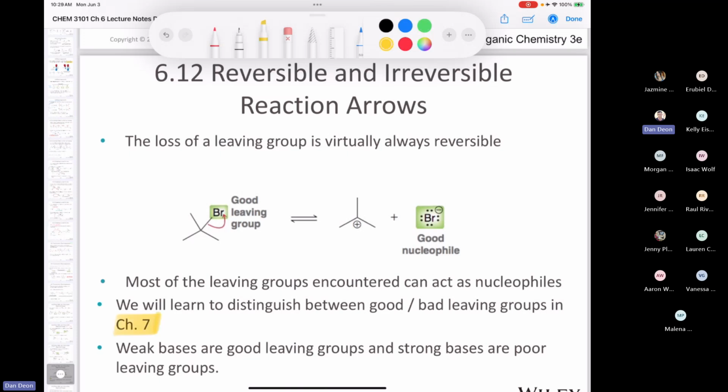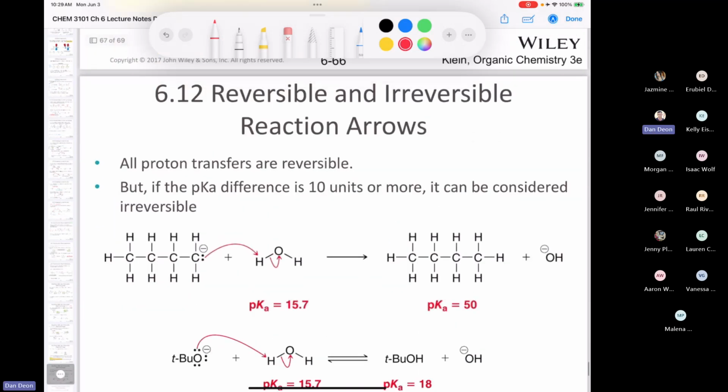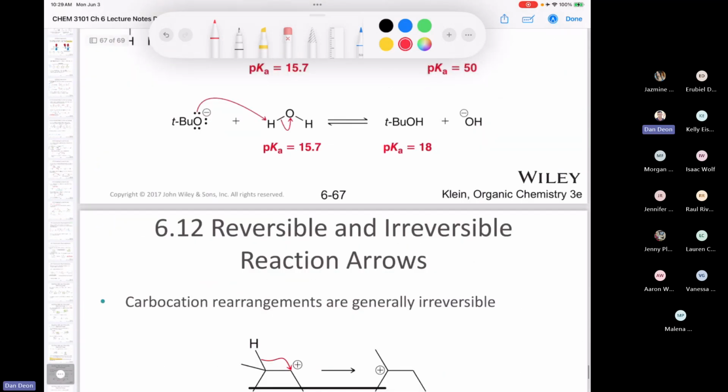We're just fleshing out the idea right now. But the bottom line is that weak bases are good leaving groups and strong bases are poor leaving groups. Remember, the way I framed it was conjugate base of a strong acid. That's a good leaving group, and those can also act as good nucleophiles.